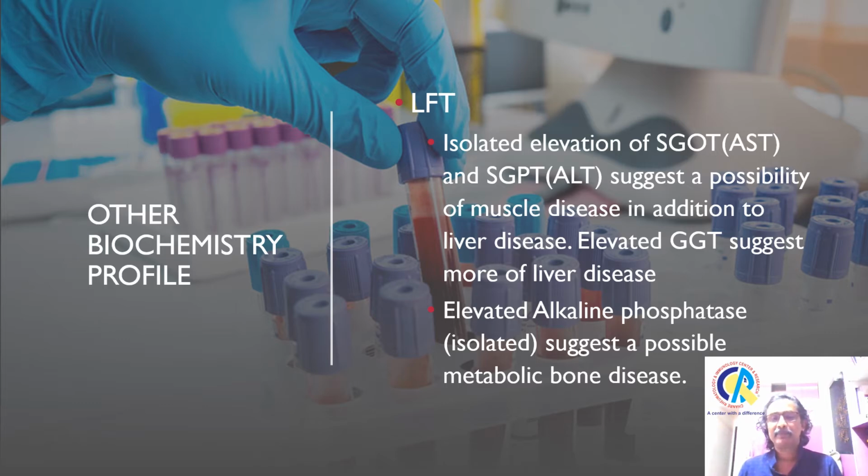Elevated alkaline phosphatase, especially isolated elevated alkaline phosphatase in the presence of musculoskeletal symptoms, should suggest a possible metabolic bone disease related to either vitamin D deficiency or parathyroid hormone disease, and sometimes even renal disease can present with elevated alkaline phosphatase, or a variety of other bone diseases can also manifest with increased alkaline phosphatase.